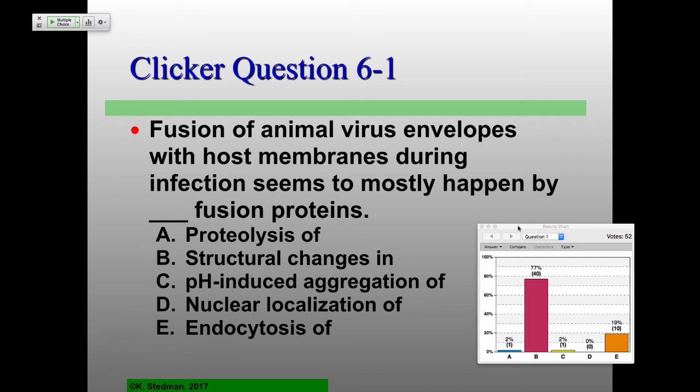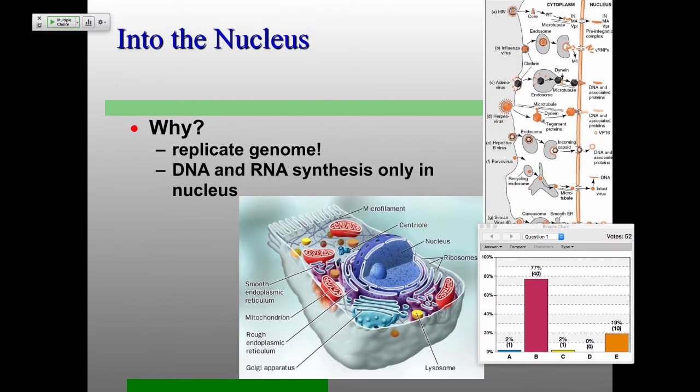And then, nuclear localization. There actually are a couple of viruses that fuse at the nuclear membrane. And I needed something else, so endocytosis had to happen as well. So this is getting back to Angela's question about the nucleus.